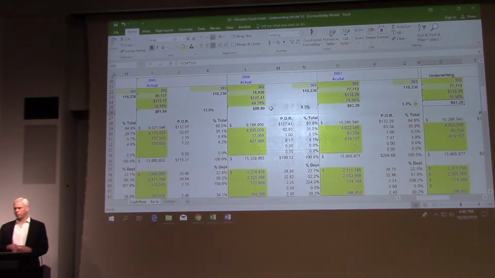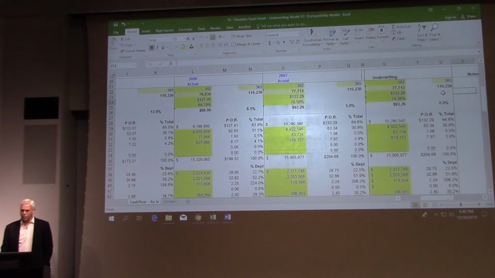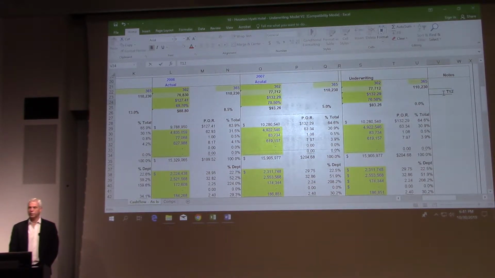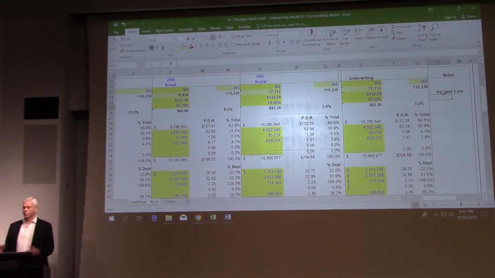Everybody with me? Kind of general analysis, looking for volatility, looking for things that are stable. When you do the homework, I'm going to want you to put a note here, like T12, and I'm really talking about 5 or 6 characters, like average, or last 2 years, whatever you did.